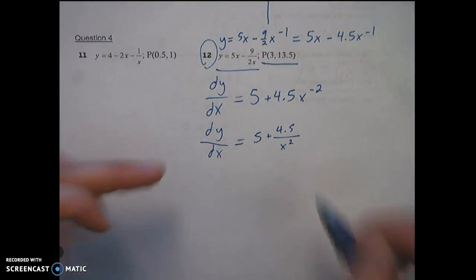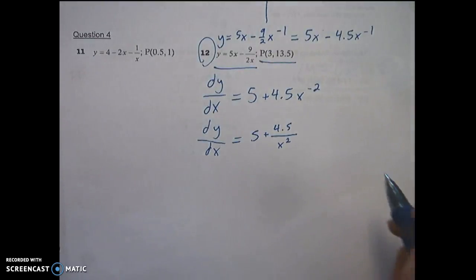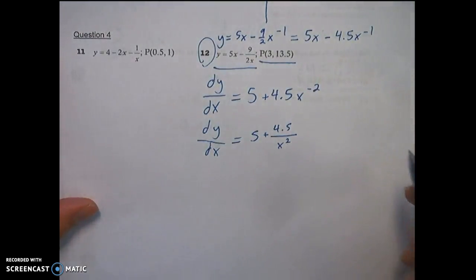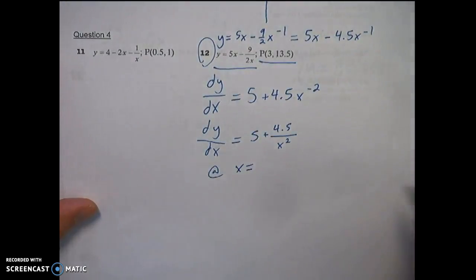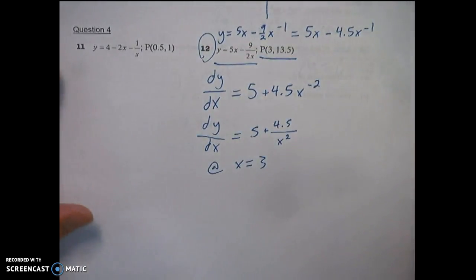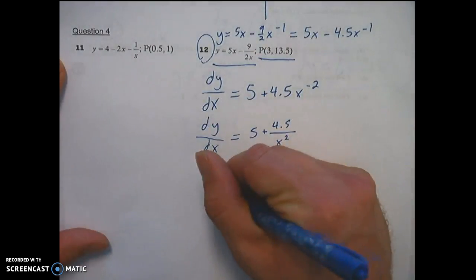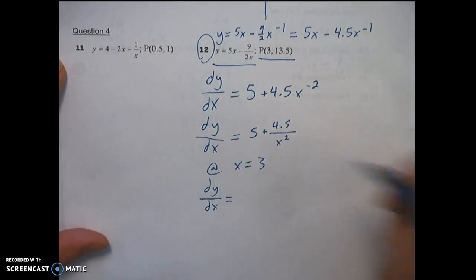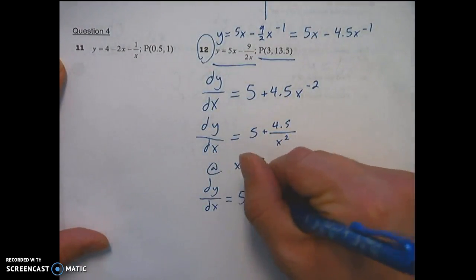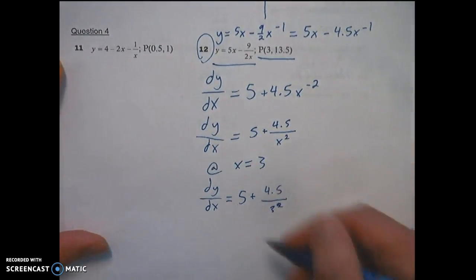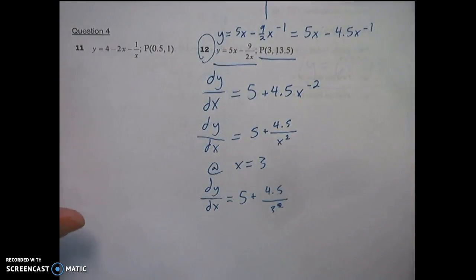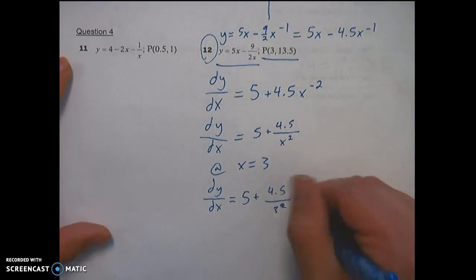So I've got a gradient function, but I need a gradient at the value of x that's given to me. So I need to find at x equals 3, what's that gradient going to be? Well, dy dx equals 5 plus 4.5 over 3 squared. 3 squared is just 9. 4.5 divided by 9 is 1/2.